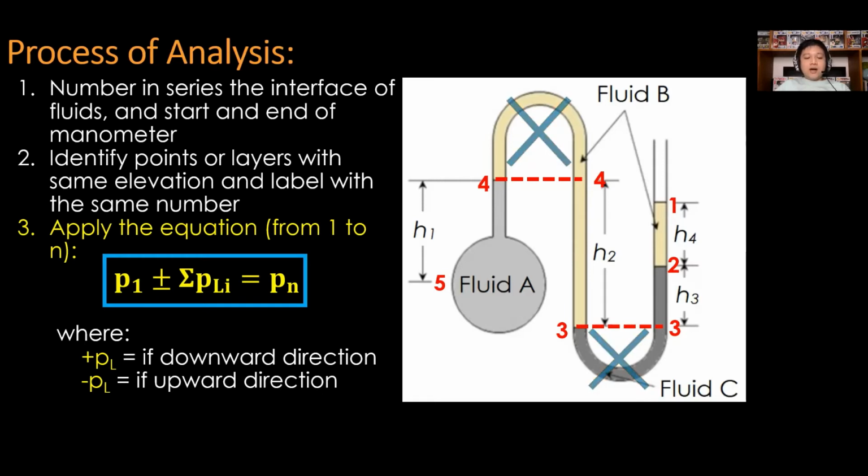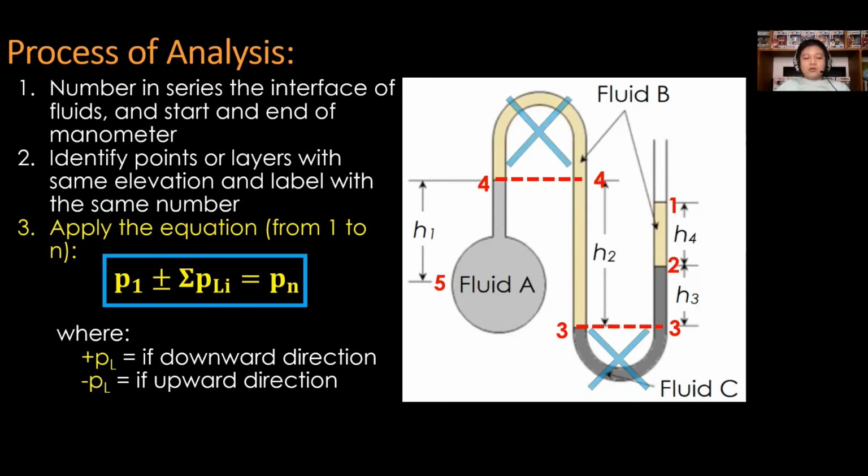And it is inspired by the increasing pressure principle. So as you go deeper, the pressure increases. And on the other hand, that is minus or negative P sub L if upward direction. Because from a certain depth, if you intend to move closer to the free surface, the pressure decreases, or otherwise relieving pressure.